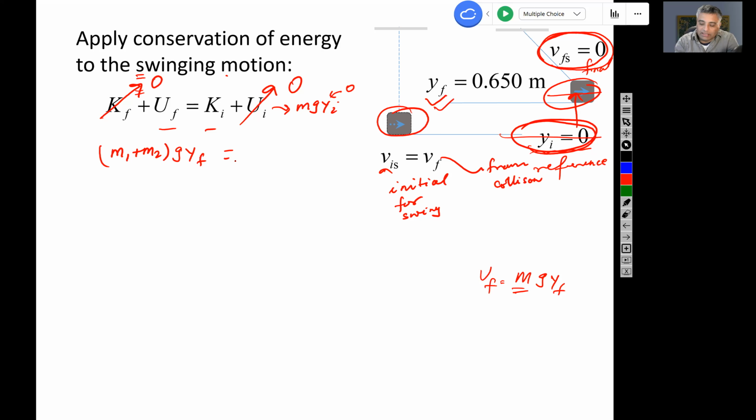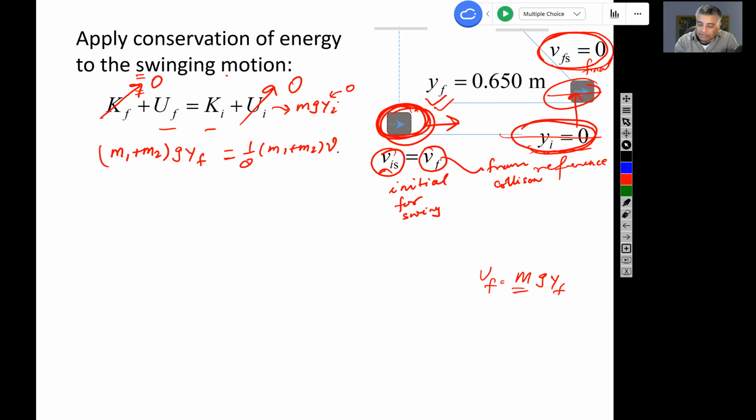How about the initial kinetic energy? This is the initial kinetic energy of this thing when it starts swinging, and it was moving with this speed here. Half m vi squared. Oh, m is what? m is two masses, m1 plus m2.